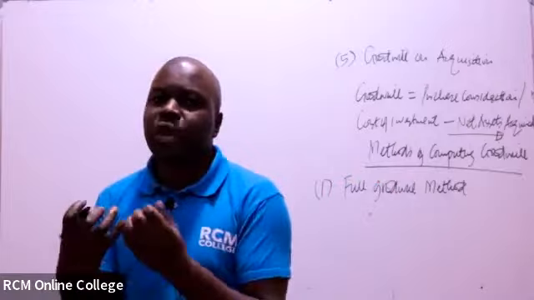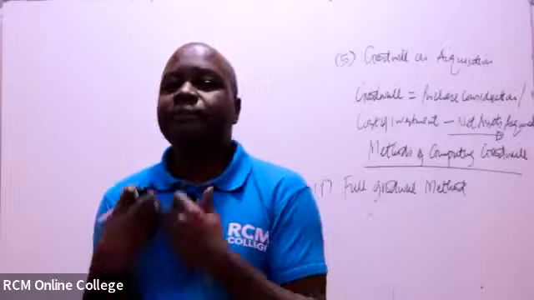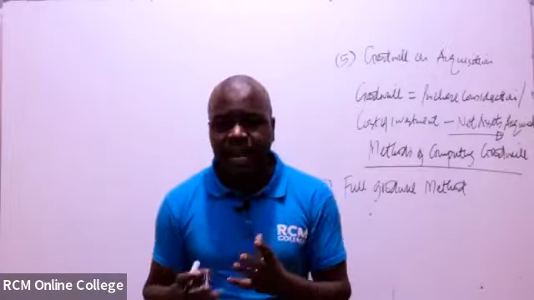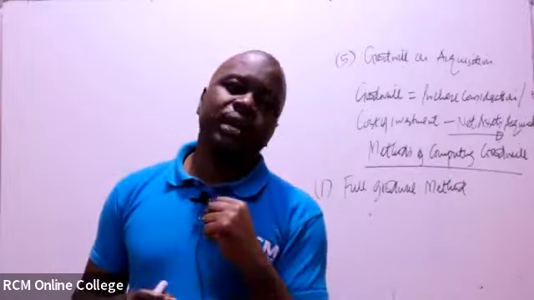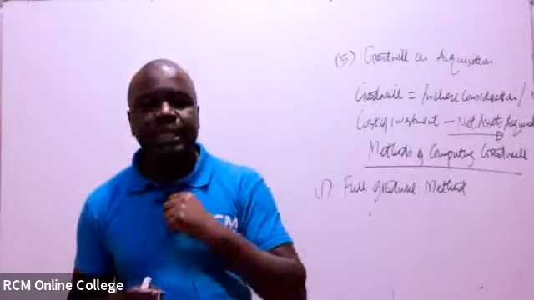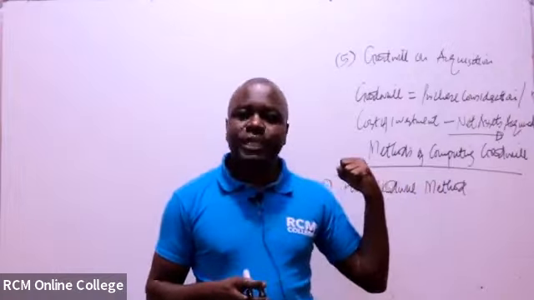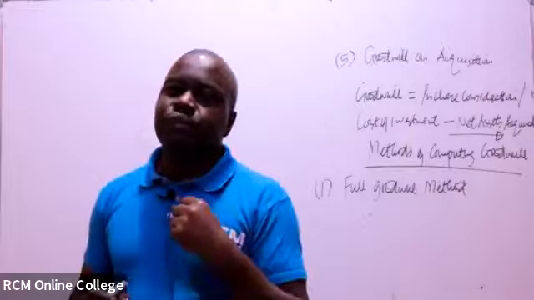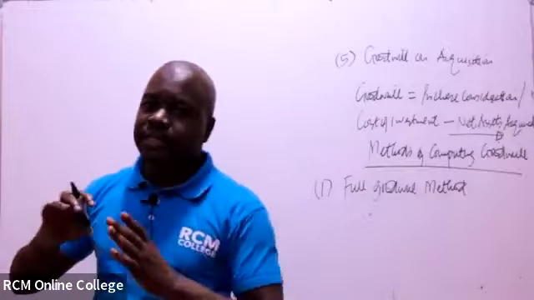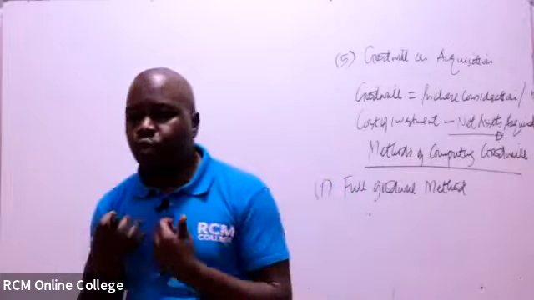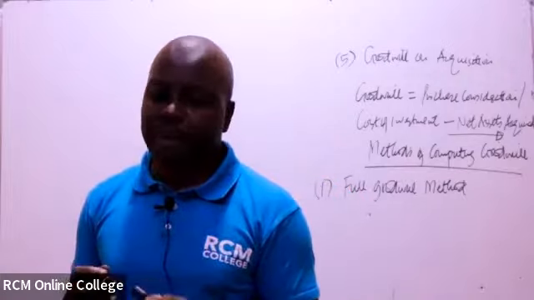But under the full goodwill method, we fully take over the entire goodwill and include it in the consolidated financial statements as an asset. We don't limit it, leaving some with them. We take it fully. That's why we call it the full goodwill method.